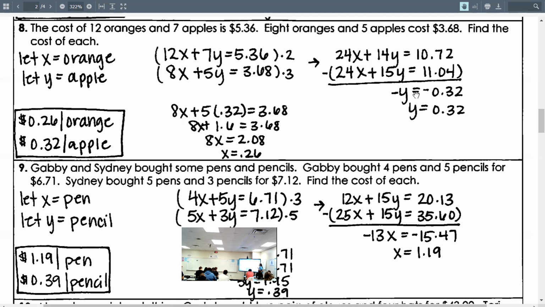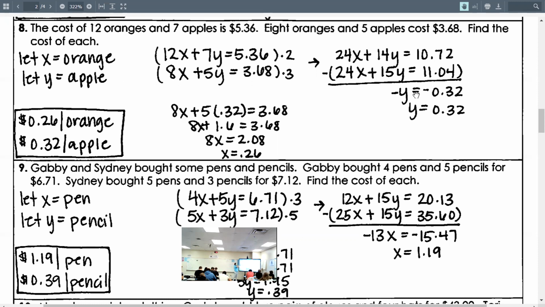Divide each side by negative 1 and 0.32 cents per what? Per apple or per orange? Per apple. All right, a good way to trick you on the test would be just to label it wrong. So maybe they say that's for the oranges, and you know it's not because we solved it, it's for the apples. Questions?